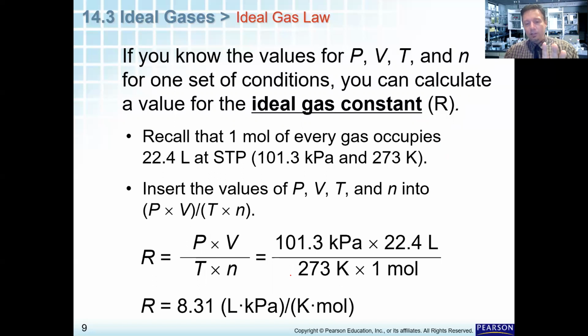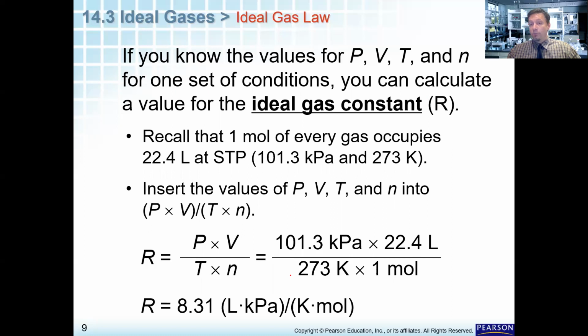If you have your formula sheet, you have this particular one on your formula sheet. But this is not the only value of R, because you can change your pressure to something else. There's actually 3 that you could use. We're not going to focus on 3. We're going to use the 2 main R constants.